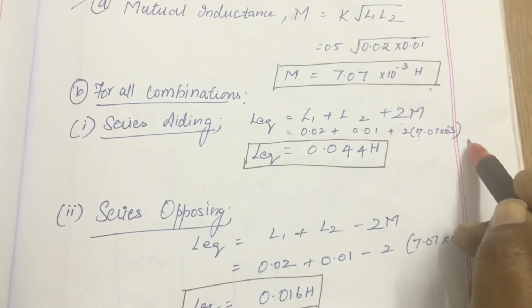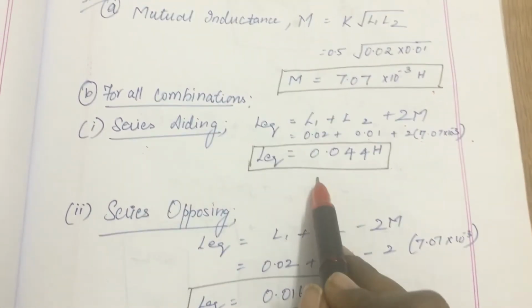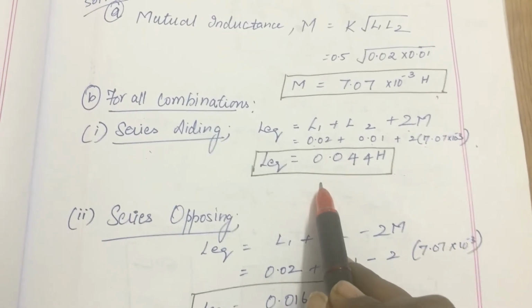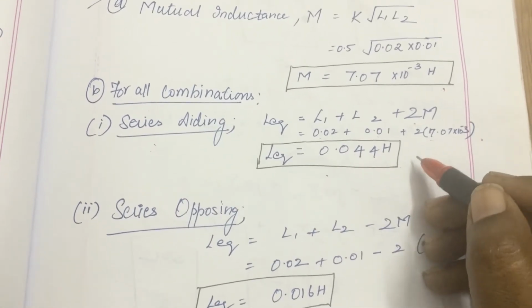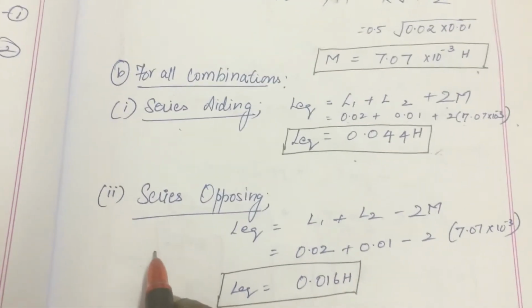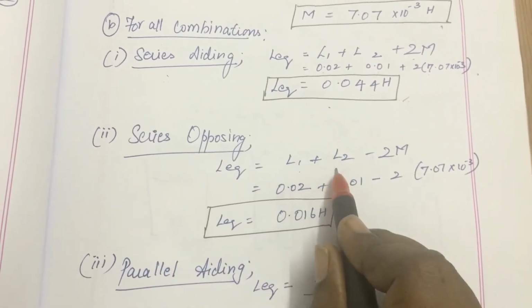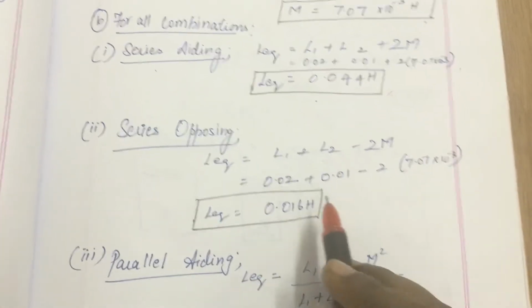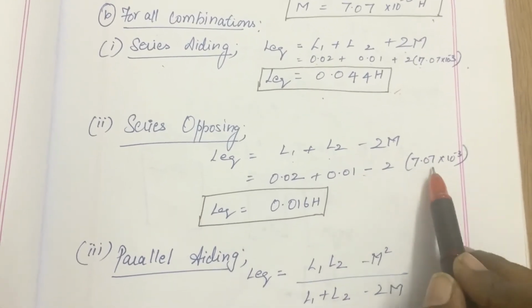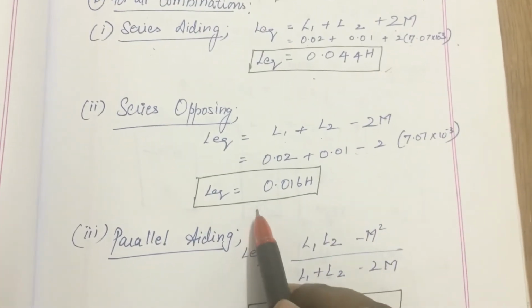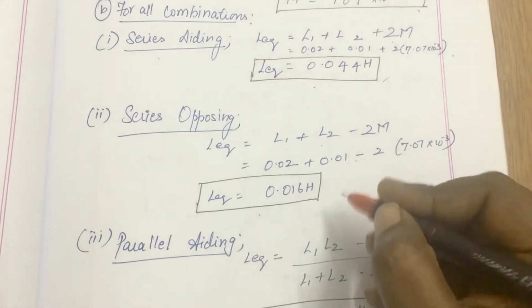If we substitute, for series aiding I have got LEQ equal to 0.044 H. For series opposition, LEQ is equal to L1 plus L2 minus 2M. So minus 2 into my M value, I have got LEQ equal to 0.016 Henry.